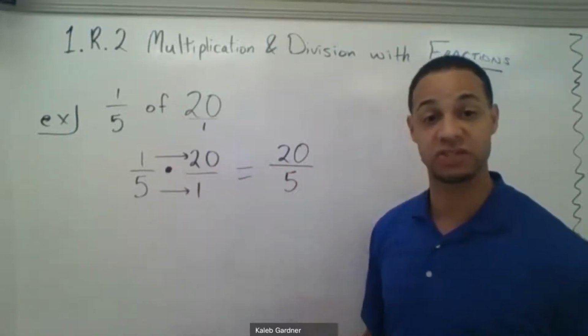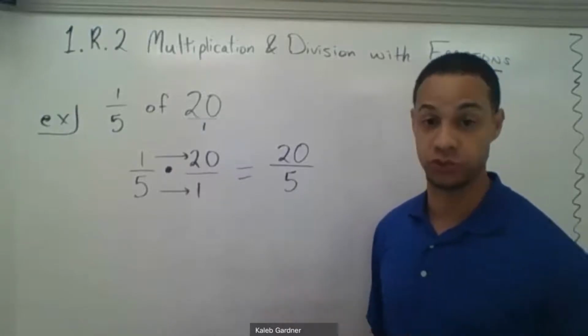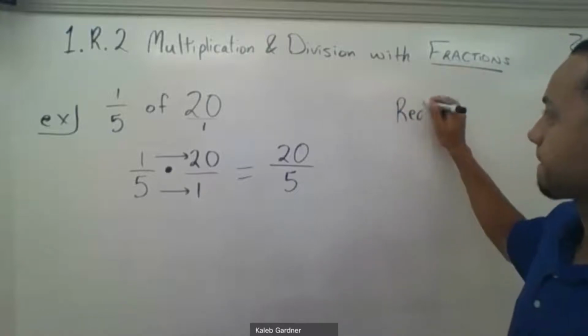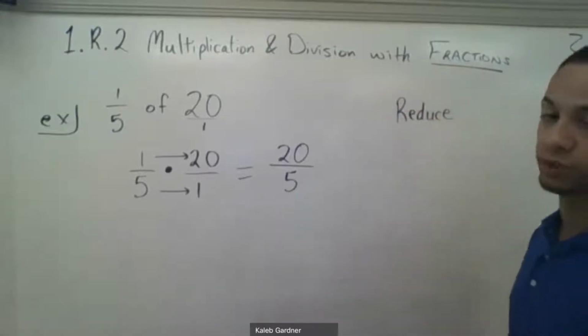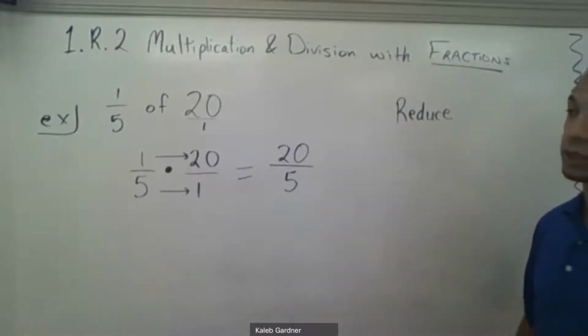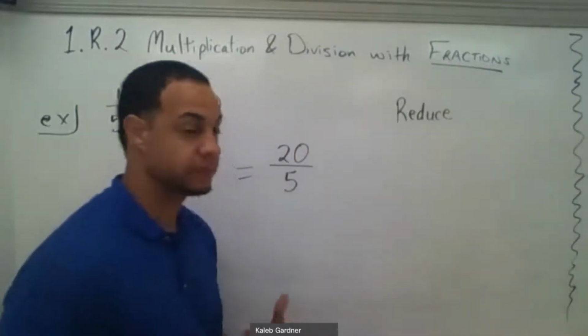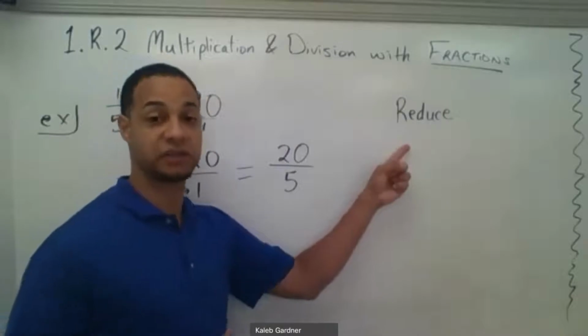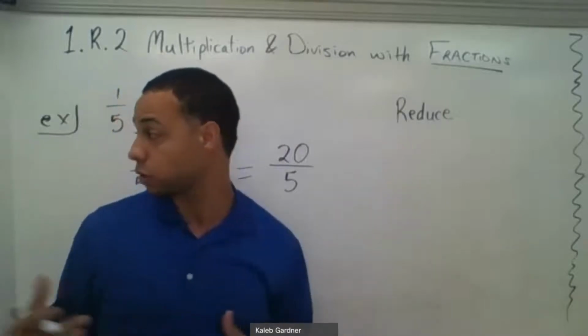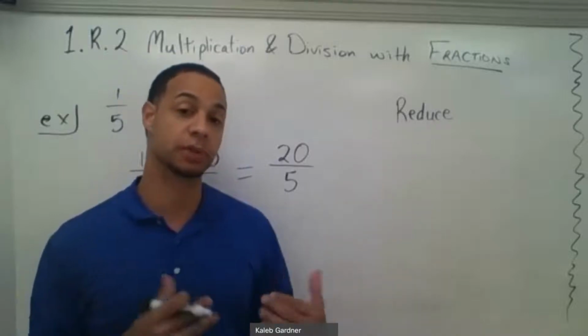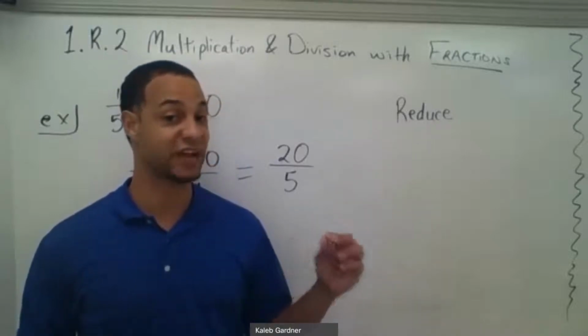Okay, we're not finished. Our last step is to reduce. Another vocabulary word, right? To reduce is to simplify this fraction. So what we're going to be doing is looking for a number that is a factor.